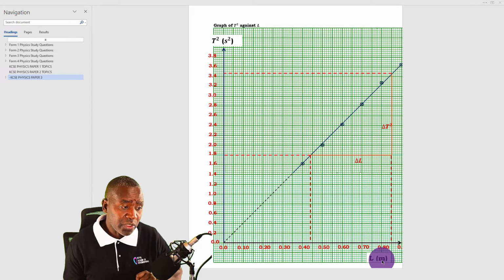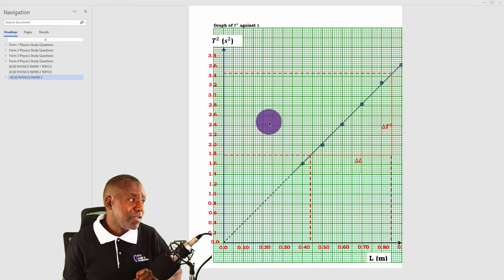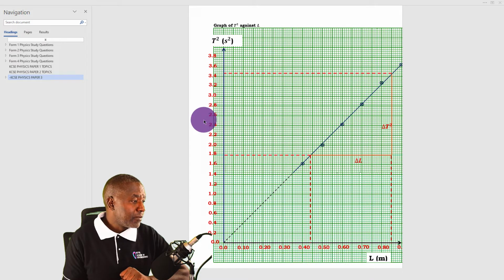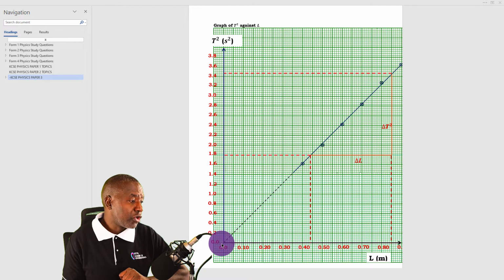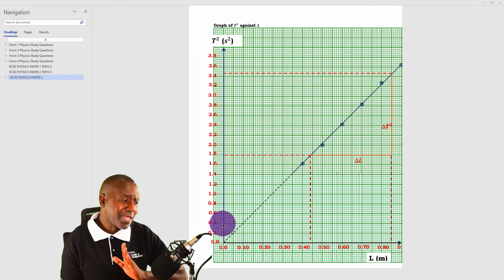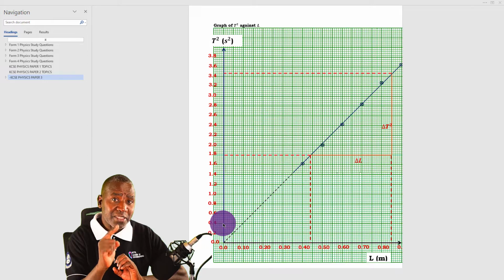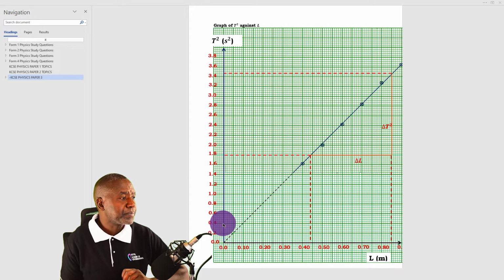Half of the marks will go for labeling the x-axis, the other half will go for labeling the y-axis. But sometimes you lose that mark totally if one of them is not labeled correctly. You lose that 1 mark completely. The other mark is for choosing the correct scale, a working scale, a suitable scale. I've already warned you against numbers that you should avoid using.